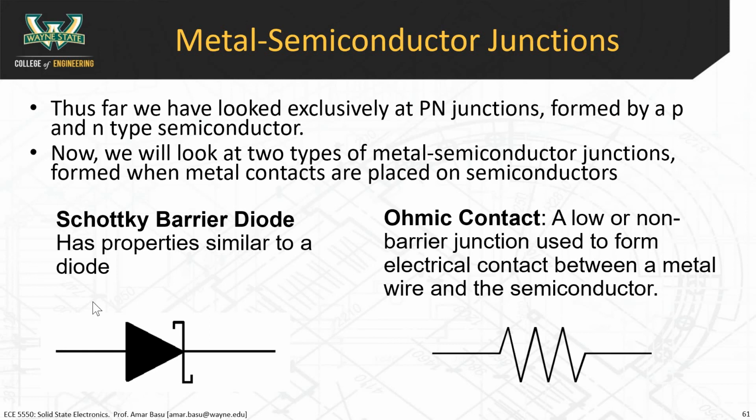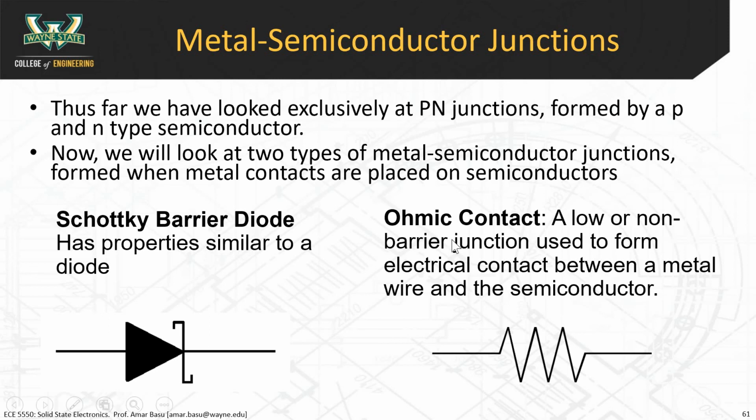The reason why metal semiconductor junctions are very important is because we have these semiconductor materials, but ultimately they need to be connected to a circuit. So at some point, you have to put metal on the semiconductor to make a contact. If you just assume that your contact is going to have no effect on the circuit, that would be naive. It turns out that the interface of the metal and the semiconductor also has some interesting properties that we have to be concerned about.